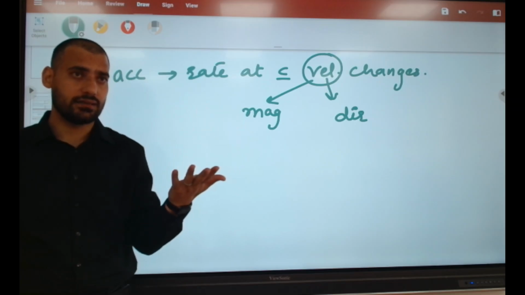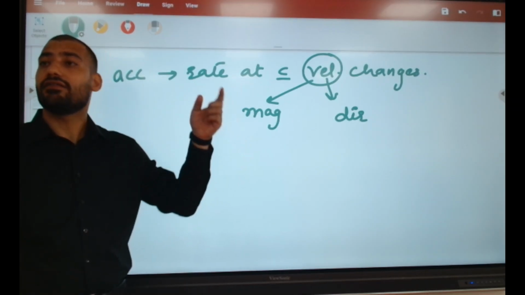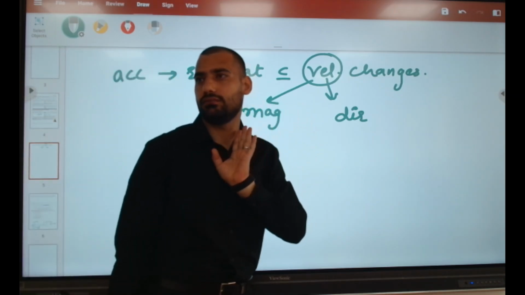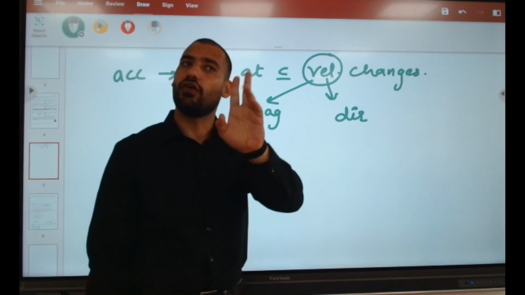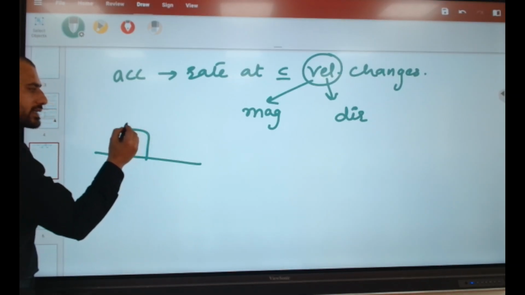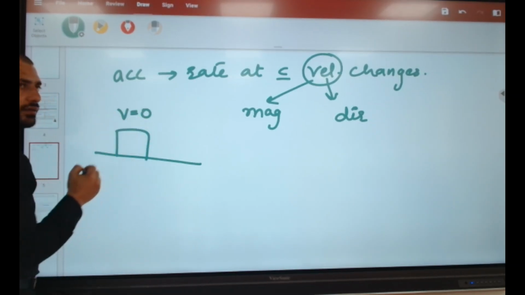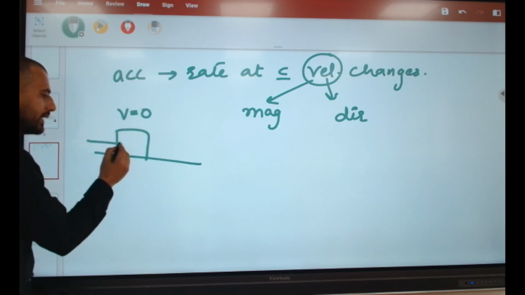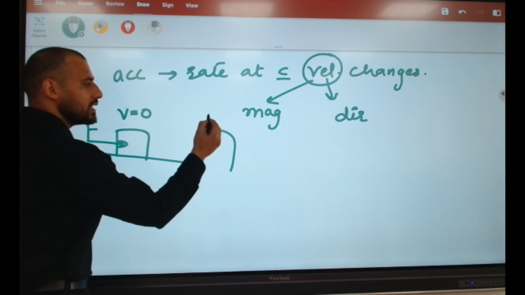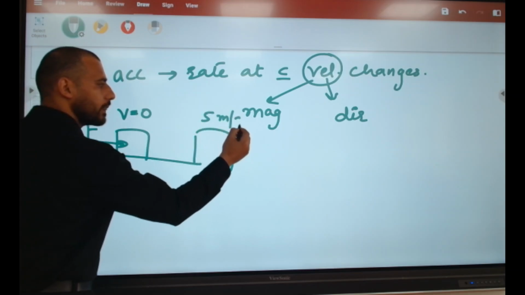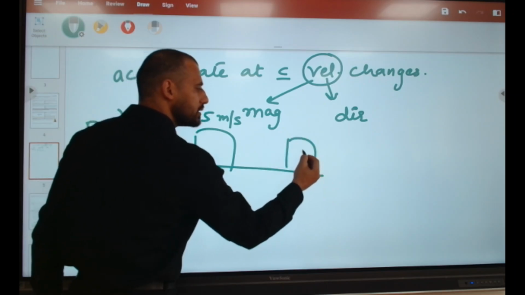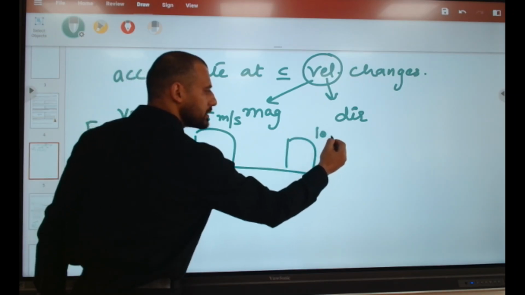There can be a case in which the velocity is changing but only in magnitude. For example, there is a box and this box is at rest, the velocity is 0, okay? And after some time, I am applying some force to it, due to which its velocity increases and it is, say, 5 meters per second. Okay? And when this force is again applied to this box, its velocity reaches, say, 10 meters per second.